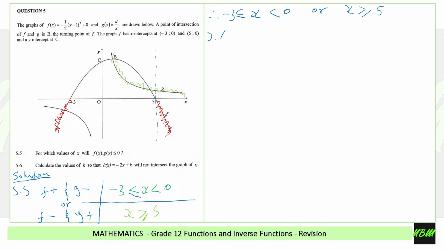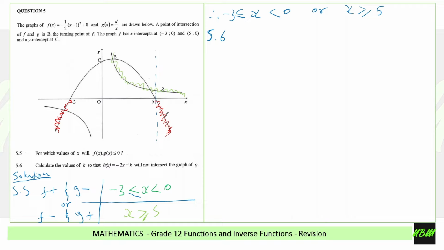Then question 5.6. We have to calculate the values of k so that h of x is equal to minus 2x plus k will not intersect with the graph of g.